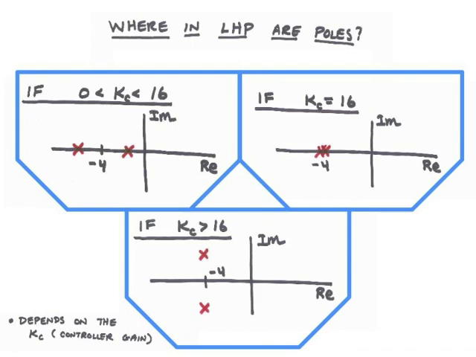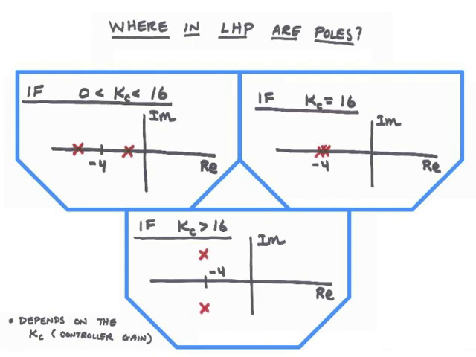Where the poles are in the left half plane is determined by kc. If kc is between 0 and 16, the poles will be on the real axis and distinct. If kc is equal to 16, the poles will be on the real axis, but will be repeated at -4.